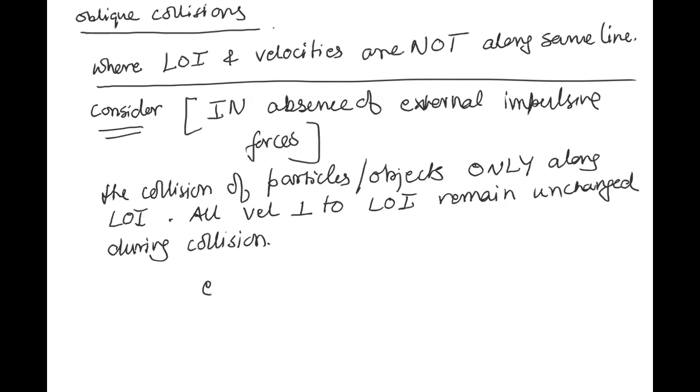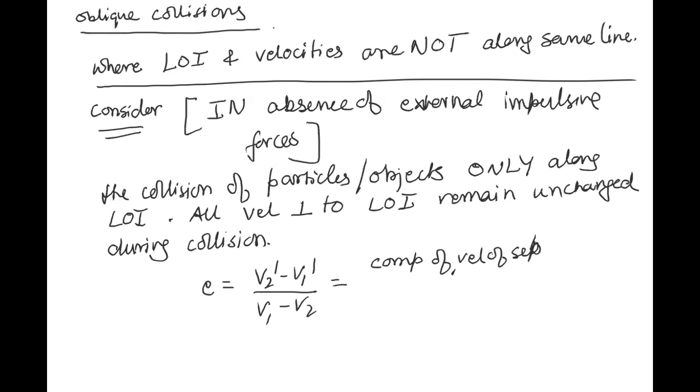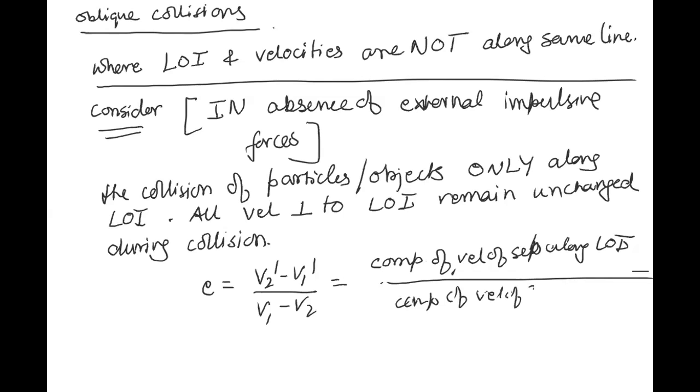So e is equal to (v2' minus v1') upon (v1 minus v2) जो भी था, is now equal to the component of velocity of separation along the line of impact divided by the component of velocity of approach along the line of impact. Okay.